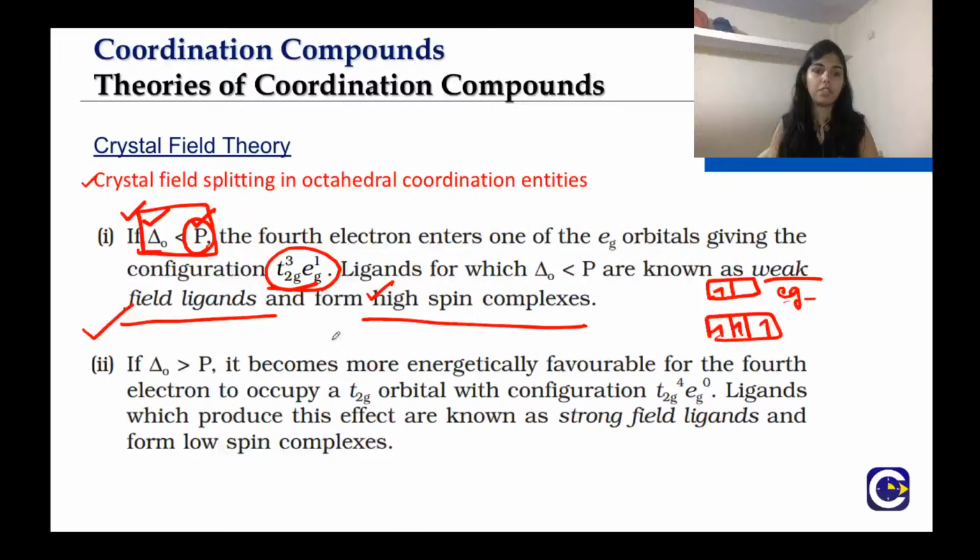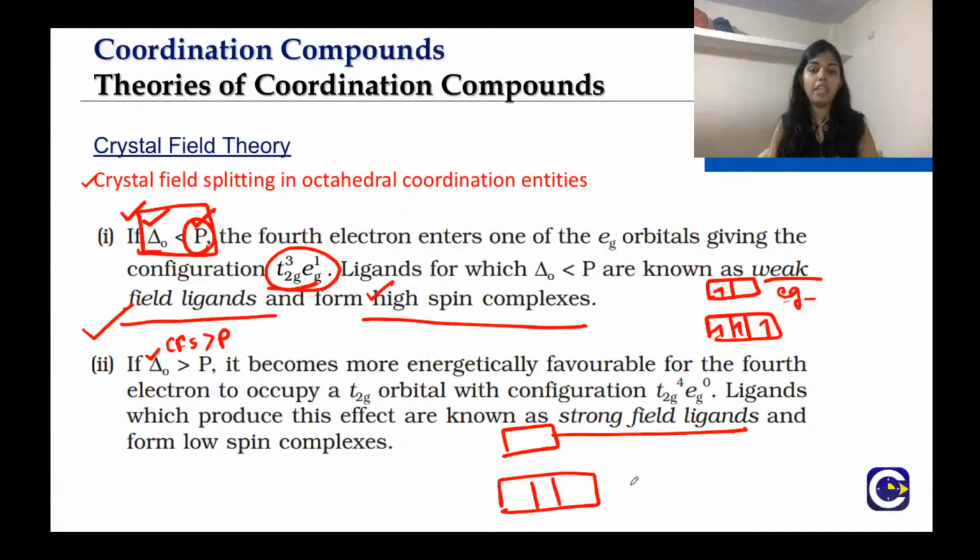While the other case is strong field ligand. So in strong field ligand what happens, that crystal field splitting is greater than that of the pairing energy. That means the energy required to pair up an electron is less. So therefore what will happen, that pairing of electron will take place now. So here if you will see that the fourth electron will be occupying the T2G level.